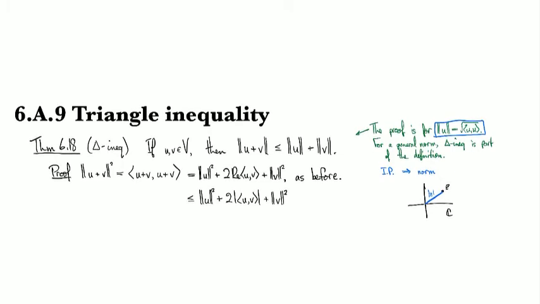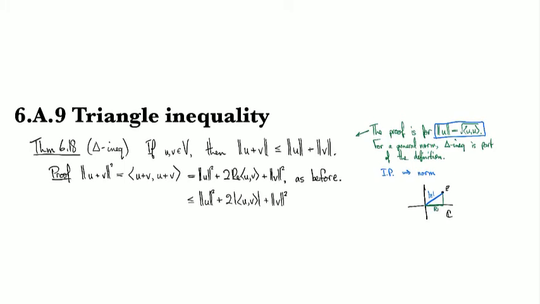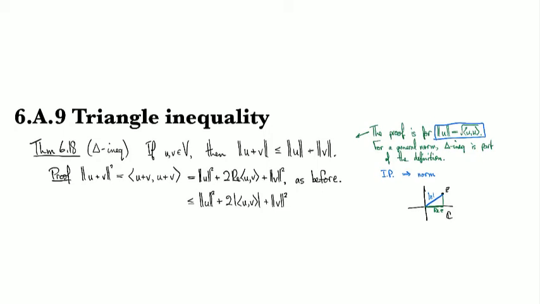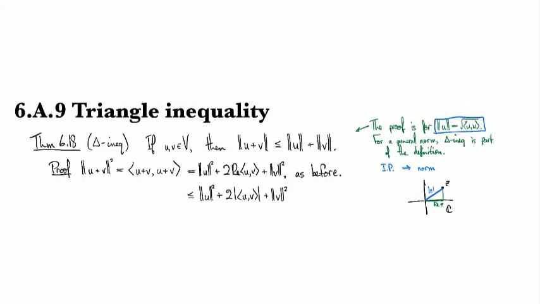And then the real part is going to be this part right here, the real part of z. And so by the triangle inequality, just in good old C, which everybody knows, we get this inequality between the real part and the absolute value.